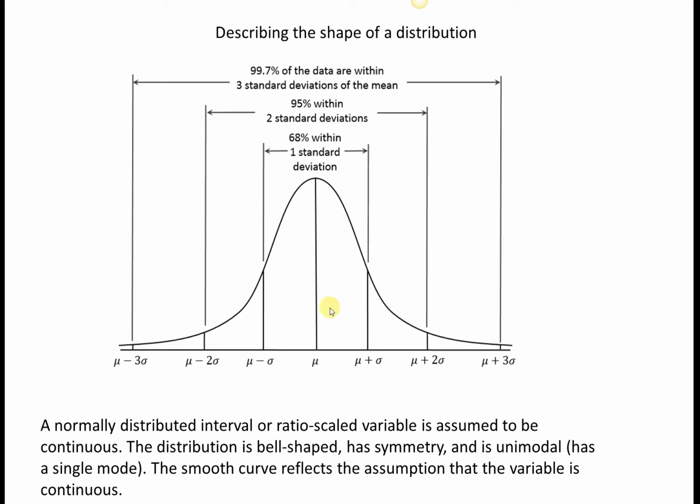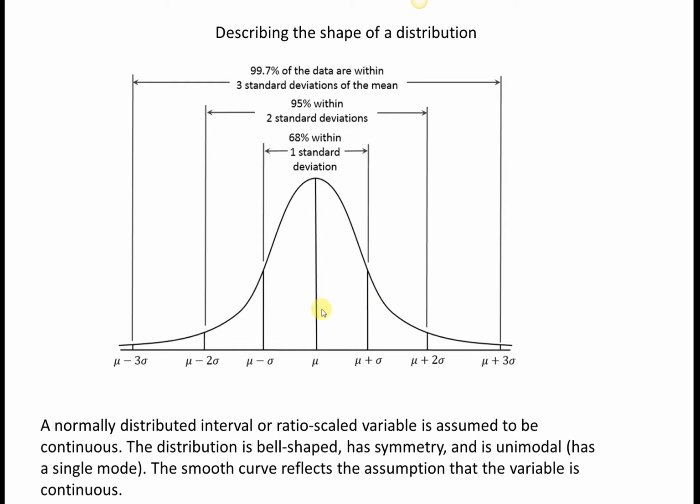As we move to about 2 standard deviations above and below the mean, that encompasses about 95% of the distribution. In fact, the area between the mean and 2 standard deviations above would be about 47.5%, and the same percentage would be found between the mean and 2 standard deviations below.